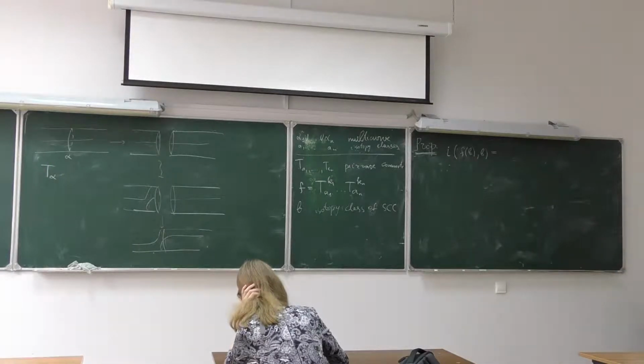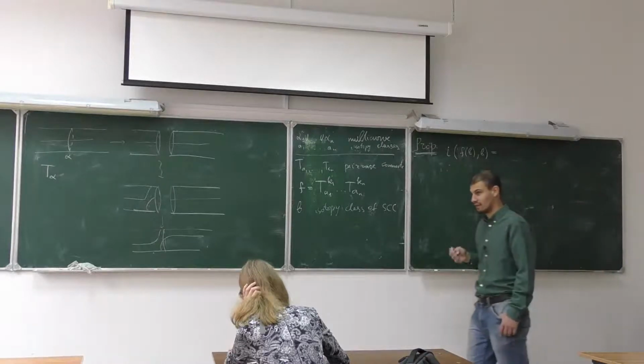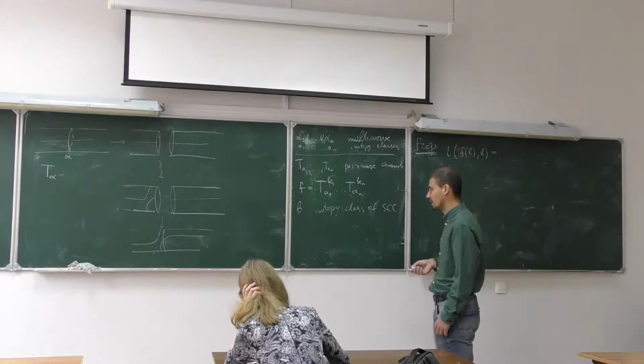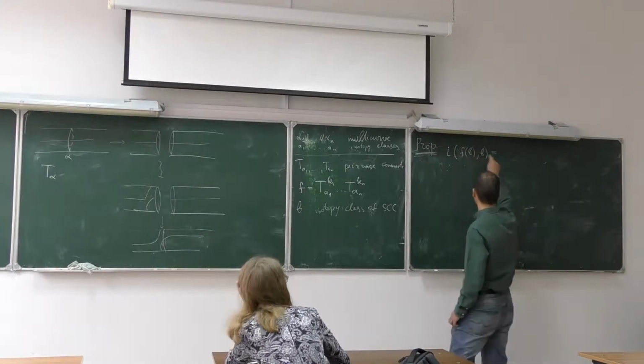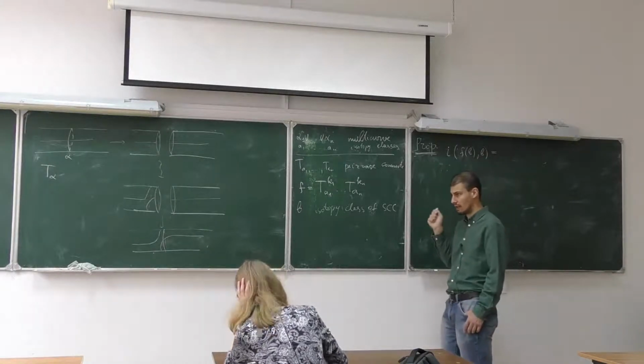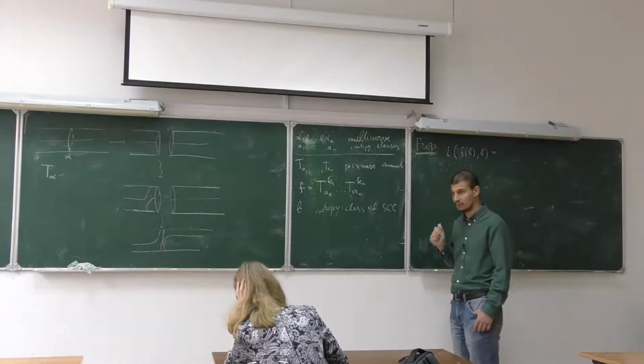And it turns out that there is a completely explicit formula for this. And I suggest we try to find this formula. But the explicit formula exists only under some additional assumption.